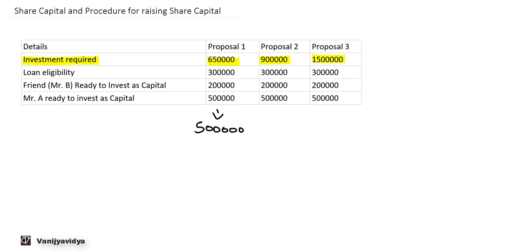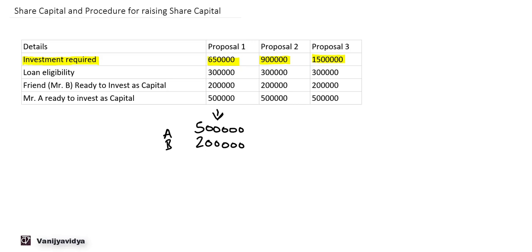So Mr. A can invest 4,50,000 and Mr. B can invest 2 lakhs, and they can form a partnership firm with A and B as partners.